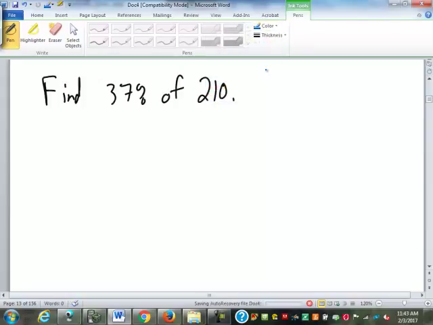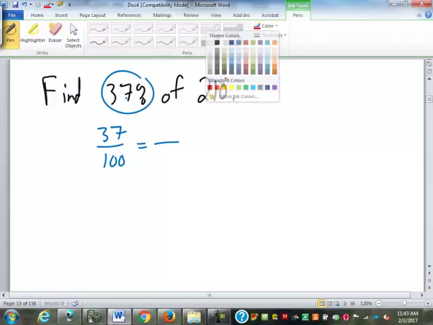Well, when we are asked a question like this, I always start out with the percent. 37% is 37 out of 100. And once we've expressed the percent like that, the rest of the problem becomes just matching things up in a proportion. So find 37%. There are two other numbers here.